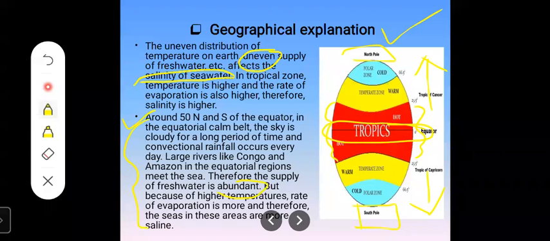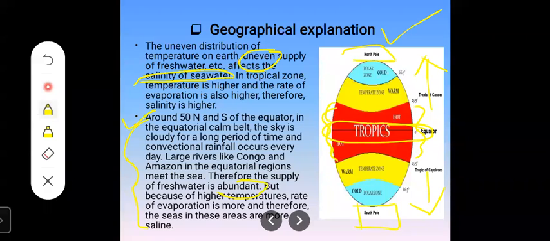What we have understood here is that in this tropical zone the temperature is higher, the evaporation is also higher, and salinity is also higher. And on the earth there is unequal distribution of water as well as temperature. That's why it will affect the salinity of sea water.